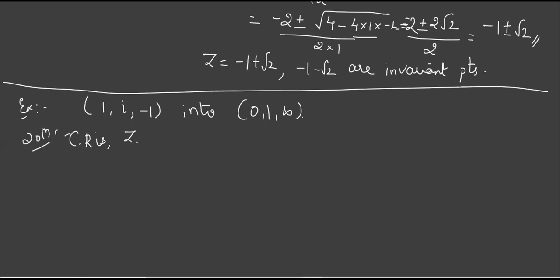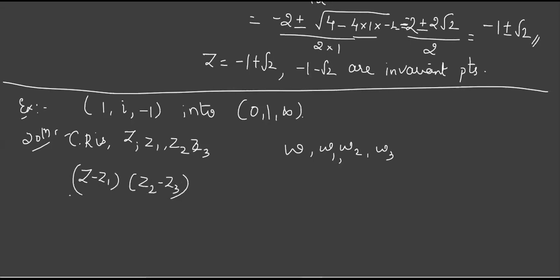It is like Z, Z1, Z2, Z3, W, W1, W2, W3. Cross ratio is what? (Z minus Z1) into (Z2 minus Z3) upon (Z1 minus Z2) into (Z3 minus Z).